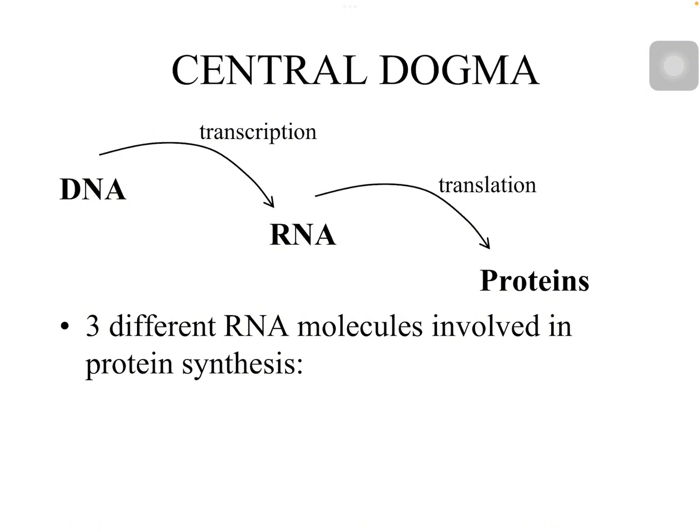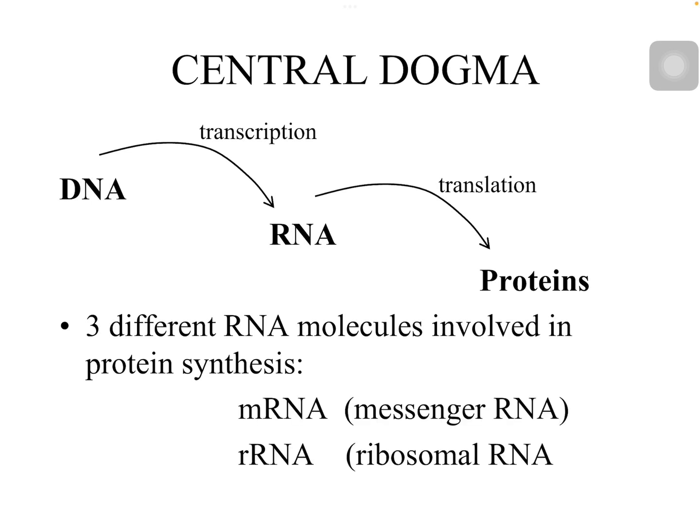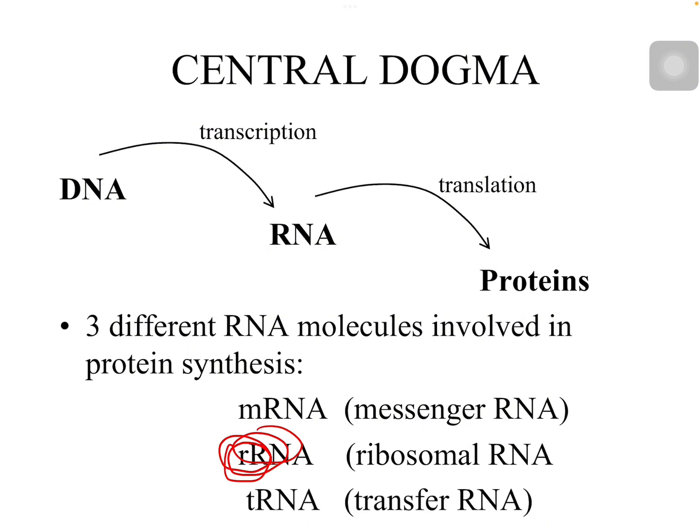The 3 different RNA molecules involved in protein synthesis are mRNA, the messenger RNA; rRNA, the ribosomal RNA, which is not that impactful but let's include it; and lastly tRNA, the transfer RNA, which is responsible for translating.